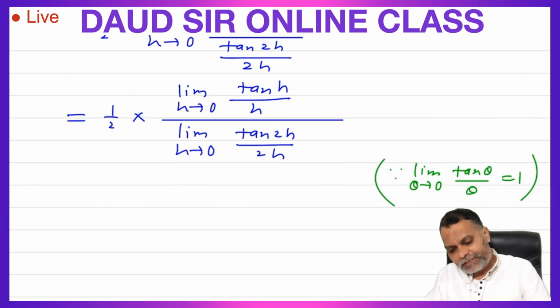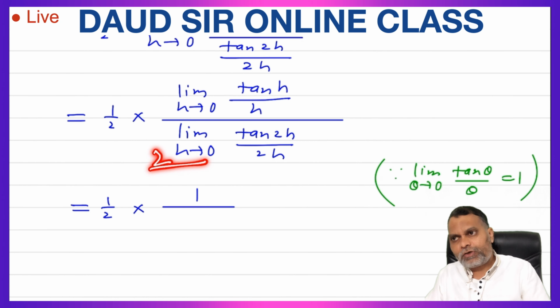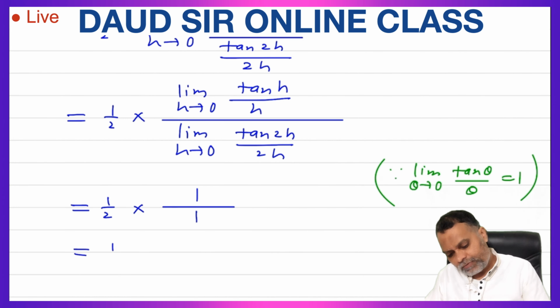So we can apply this here. 1 upon 2 into here, h tends to 0, so this is limit h tends to 0 tan h upon h, 1. And in the denominator here it should be 2h. So 2h tends to 0, then h tends to 0. So here also we can write 1. So that is equal to 1 upon 2.